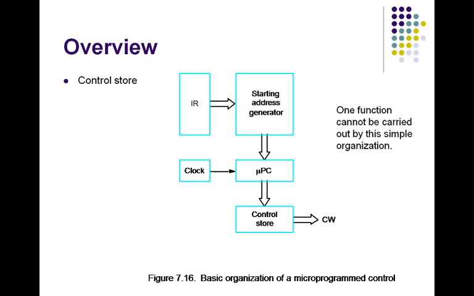One important function of the control unit cannot be implemented by the simple organization of this figure. This is the situation that arises when the control unit is required to check the status of the condition codes or external inputs to choose between alternate courses of action. In the case of hardwired control, this situation is handled by including the appropriate logic function in the encoder circuitry.